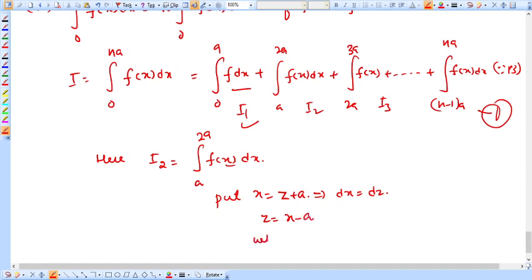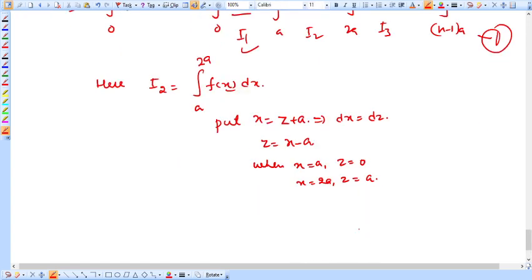So what is the effect on the limit when x is equal to a, z इज इक्वल टू कितना हो जाएगा 0, एंड व्हेन x इज इक्वल टू 2a z वुड बी इक्वल टू a, right? So putting all these information in I2, we get I2 is equal to 0 to a f of, so x कितना पुट किया है आपने z plus a, okay, z plus a into dz, okay.